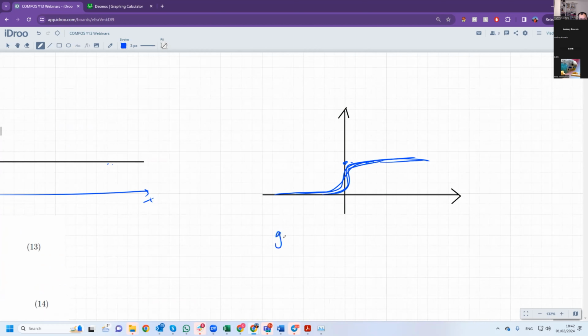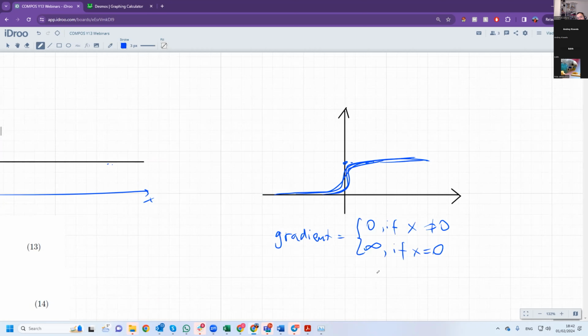So the gradient is 0 if x is not equal to 0, and the gradient is infinite if x is 0.